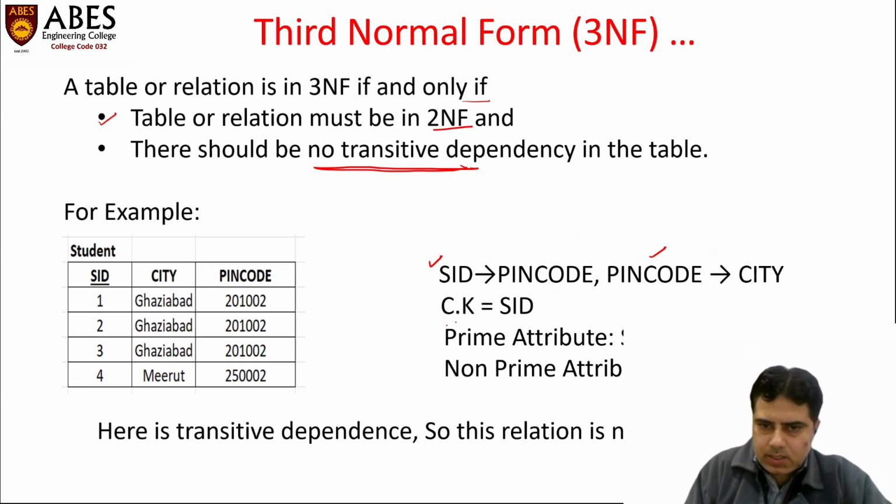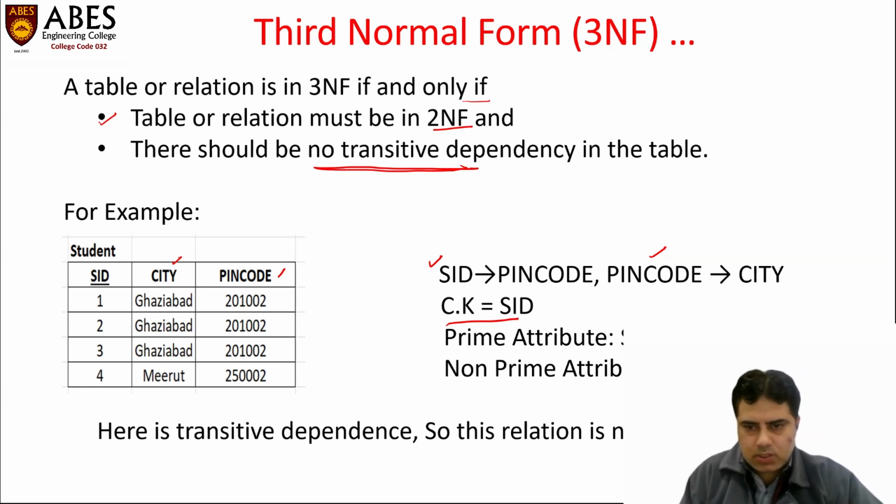Here the candidate key is student ID, the prime attribute is student ID, and non-prime attributes are pin code and city. So here is a transitive dependency, so this relation is not in 3NF.